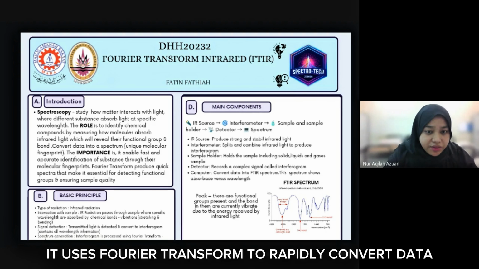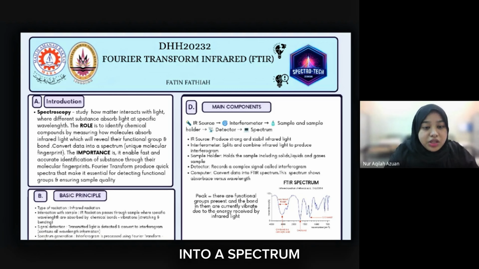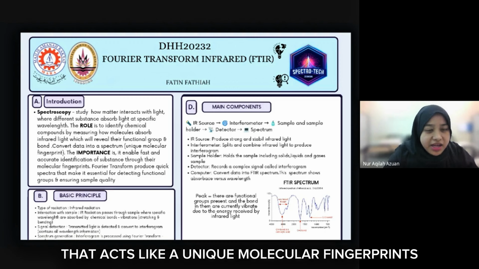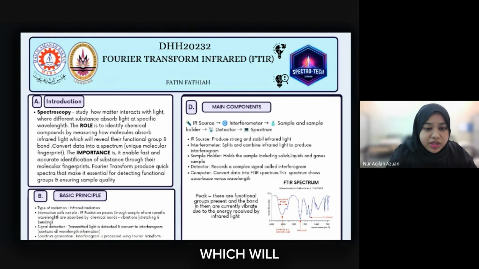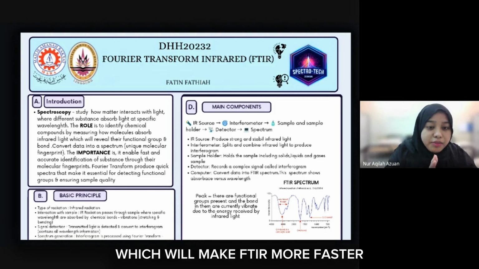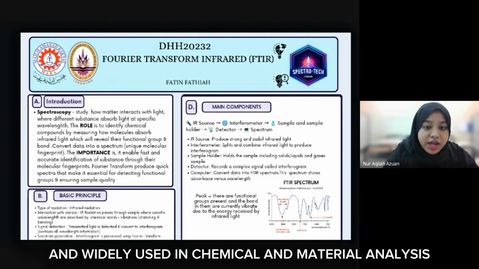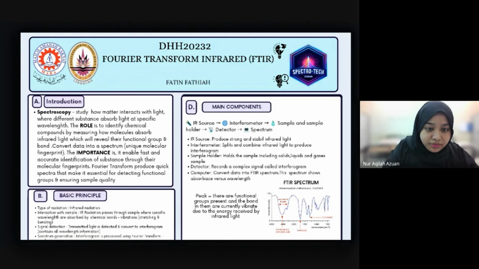It uses Fourier transform to rapidly convert data into a spectrum that acts like a unique molecular fingerprint, which makes FTIR faster, more accurate, and widely used in chemical and material analysis.